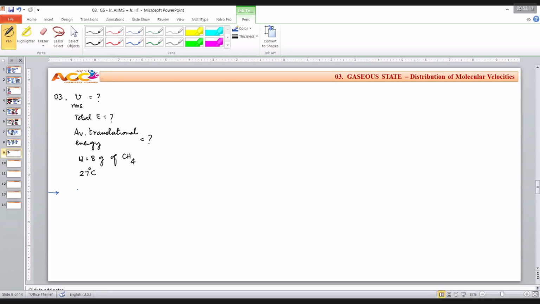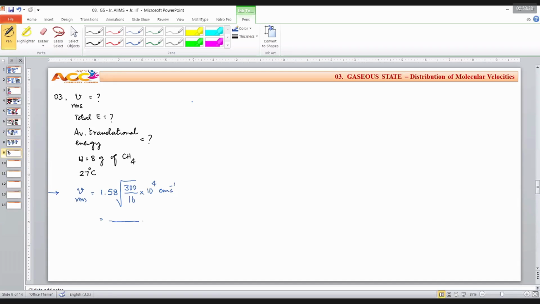First of all, RMS velocity. Since temperature is given to you, straightforward we can go. Sir, RMS velocity is equal to, what was that? 1.58 under root P by M into, you got it.